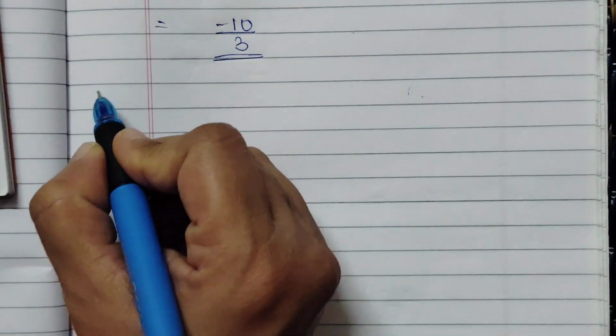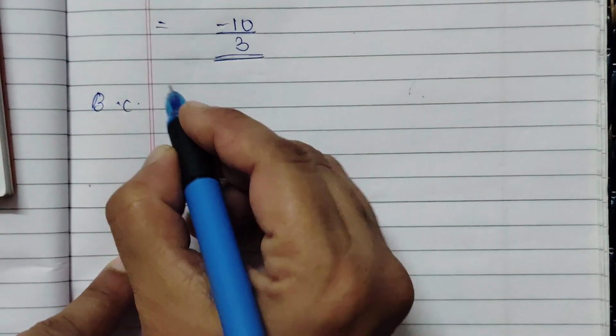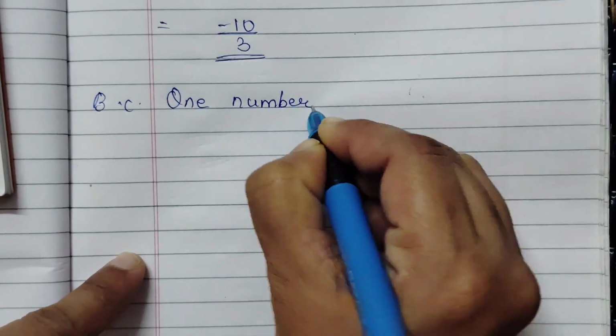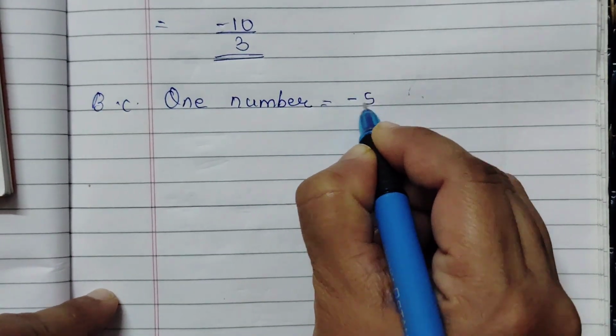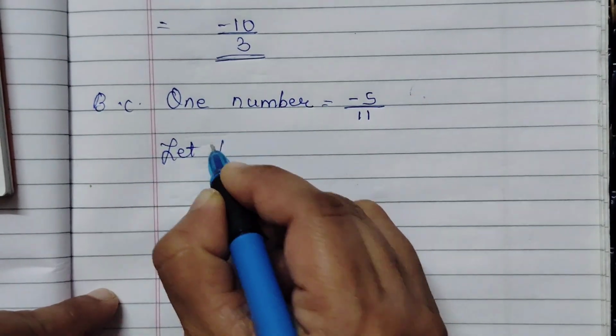So first we will write, one number we have got, that is minus 5 upon 11. Let the other number be x.